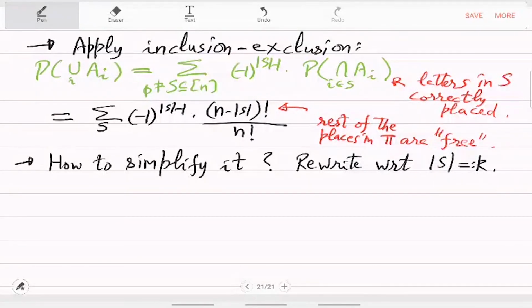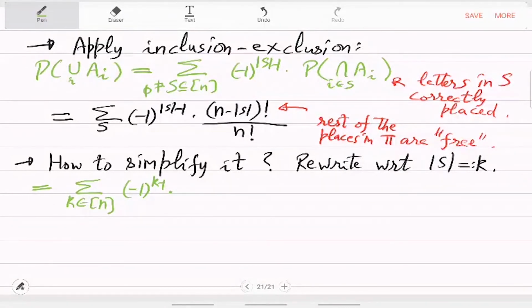So you get the sum over k from 1 to n, because S is a non-empty subset of 1 to n. The sign will be minus 1 to the k minus 1.